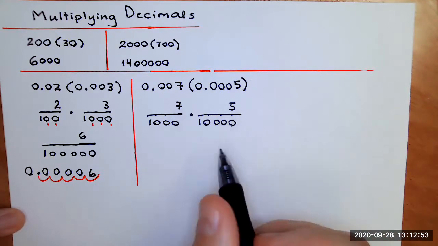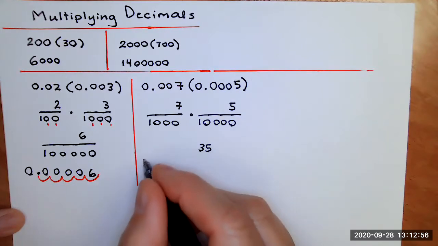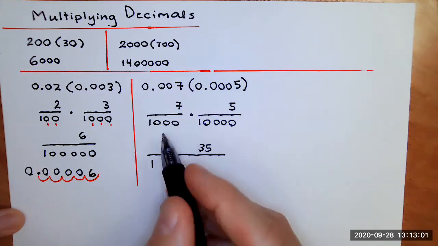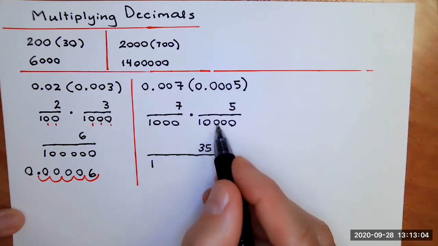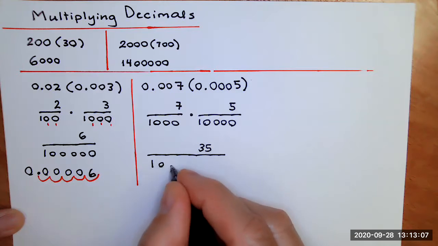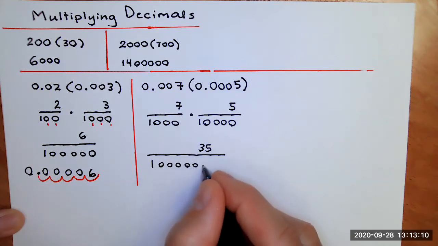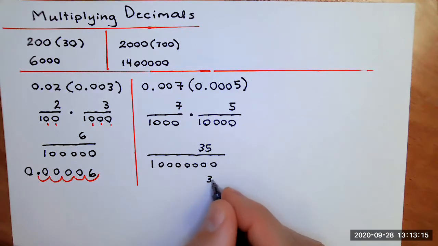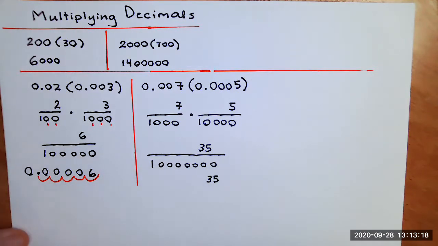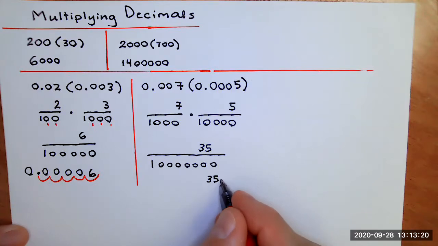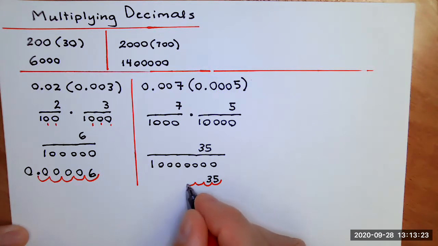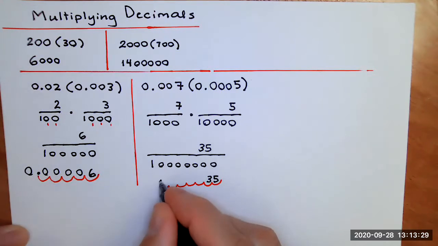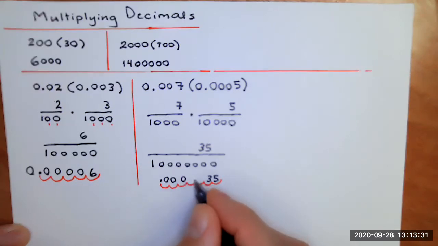So we multiply 7 times 5, which is 35. 1 times 1 is 1, and then we just add 1, 2, 3, 4, 5, 6, 7 zeros. And then to write this as a decimal, you write the 35. Start at the right, we move the decimal point 1, 2, 3, 4, 5, 6, 7 spaces and fill in those empty spots.